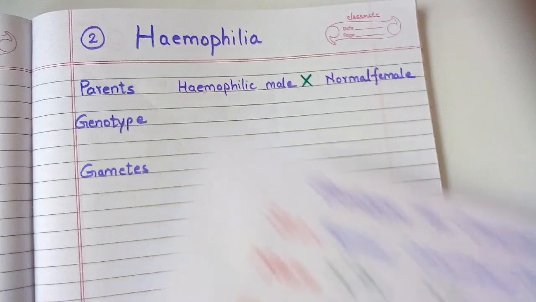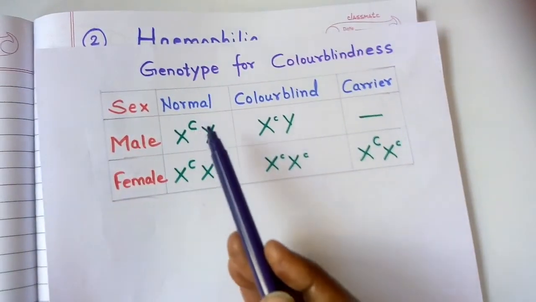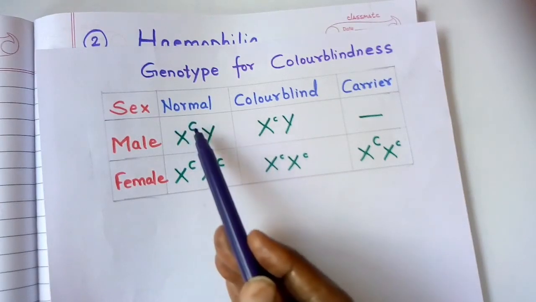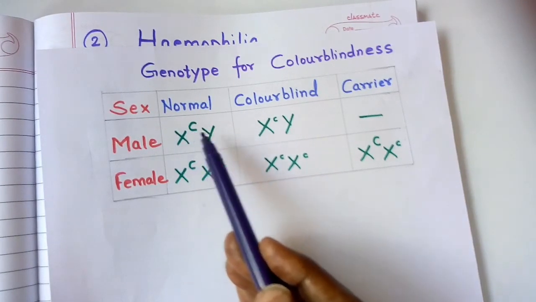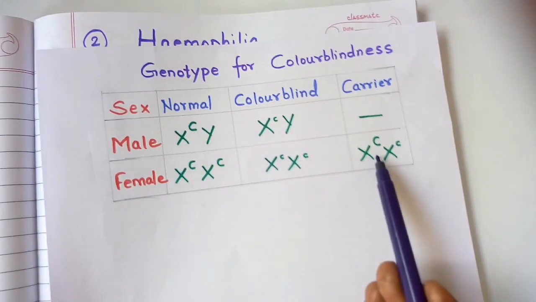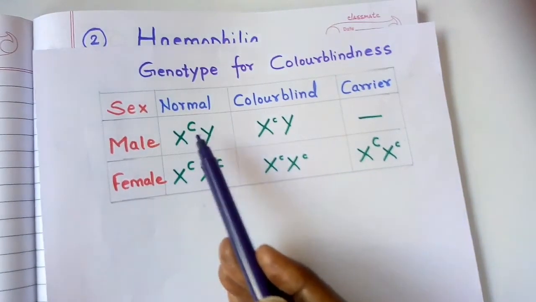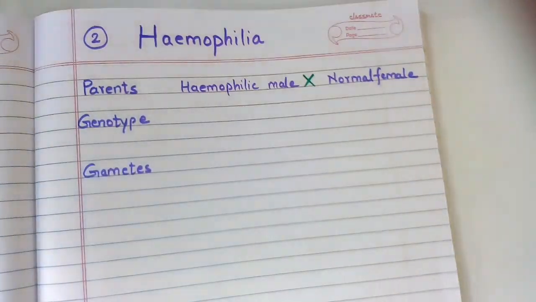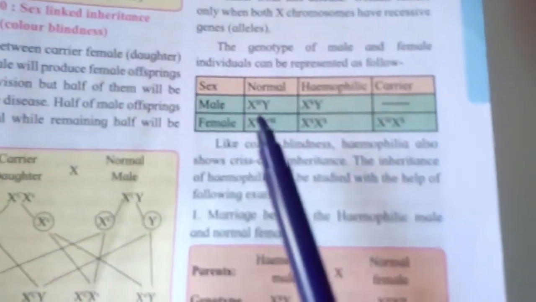Only thing is, instead of the alphabet C, we have to write the alphabet H. H will represent hemophilia. So wherever we have written C, instead of that we will be writing H. So the genotypic chart for hemophilic male and female is like this.